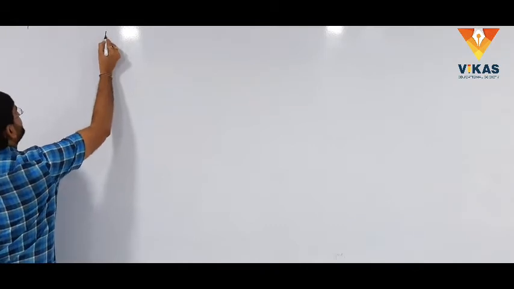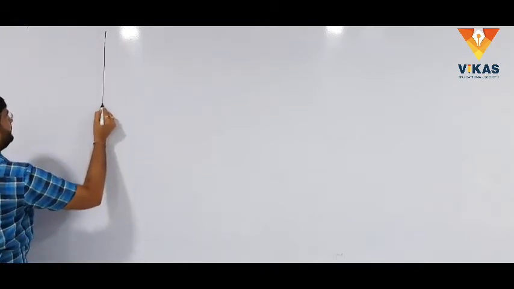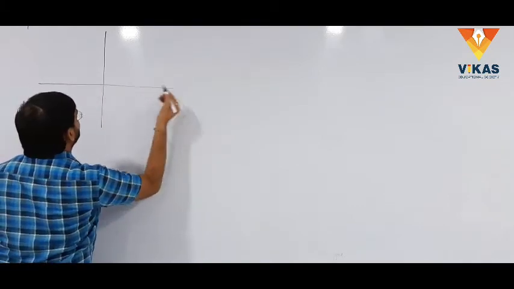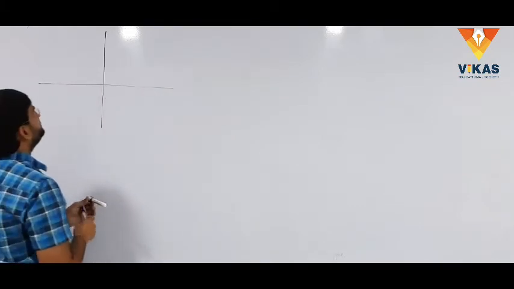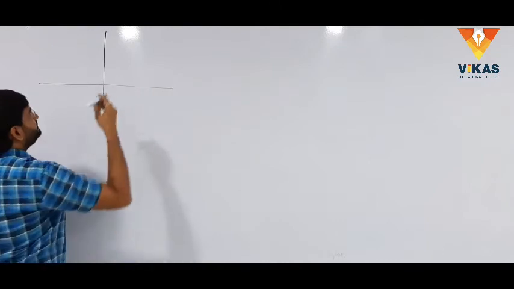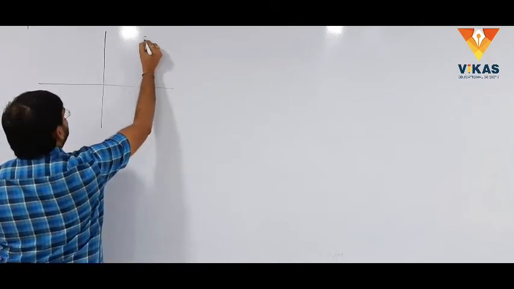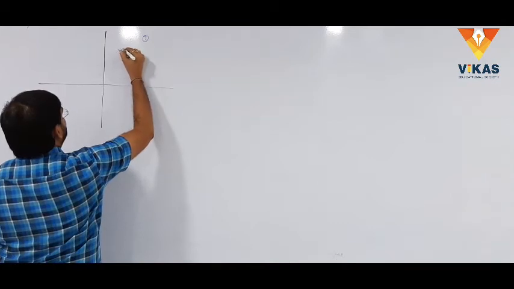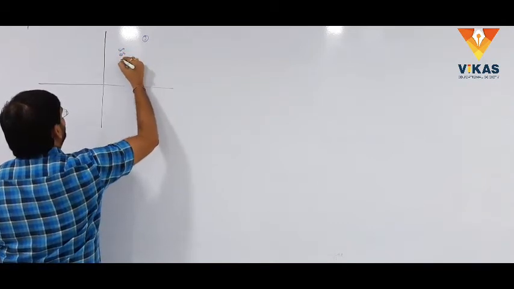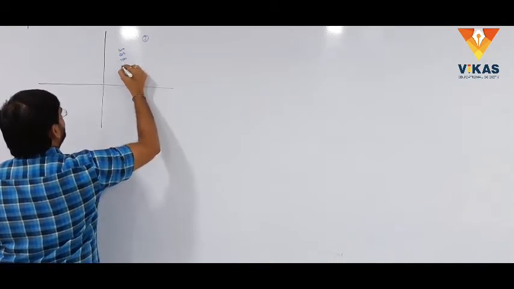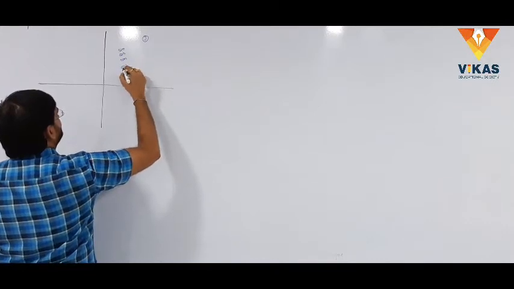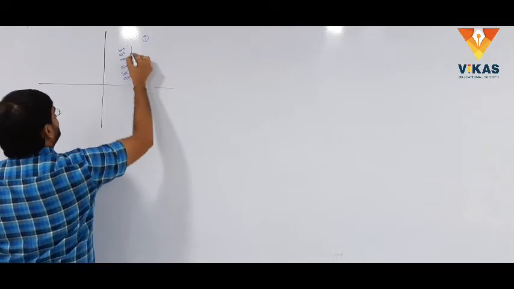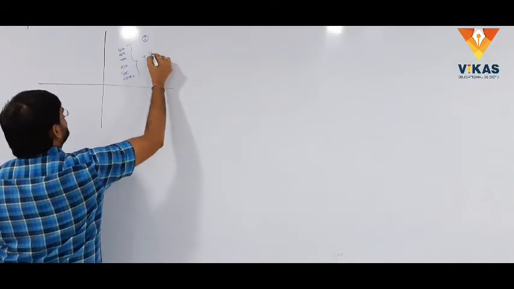First of all, we take the coordinate system simply like this. This is the first quadrant: sine, cos, tan, cot, secant, cosecant, all are positive.